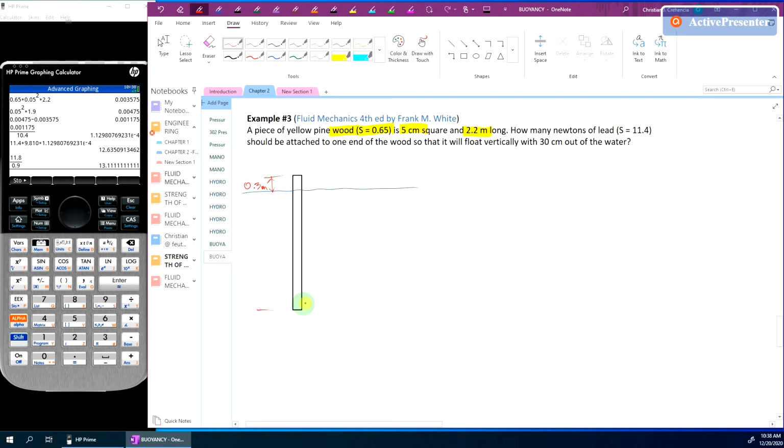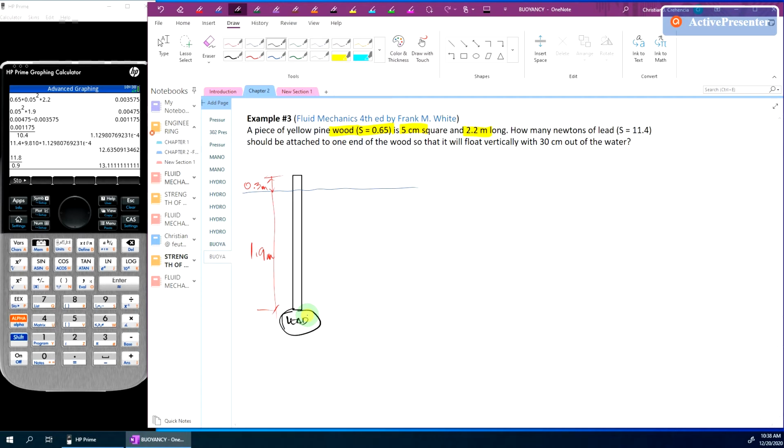Okay, then this is 1.9 meters. And so, lalagyan daw siya ng lead dito sa dulo. So, regardless ng shape ng lead. Okay? So, kung cube man yan, circular, oval, any shape naman. So, regardless ng shape na. Okay, so, lalagyan siya ng lead. Pabigat. Para medyo mas lumubog pa siya.